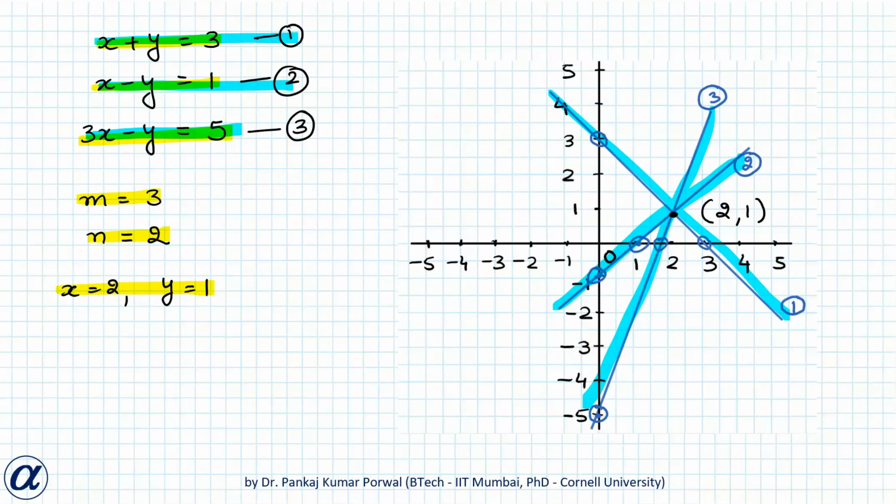And if I look carefully, equation number 3 can be obtained by multiplying equation 1 with 1 and adding equation 2 multiplied by 2. That gives me 3x minus y equals 5, and that is nothing but my equation number 3.